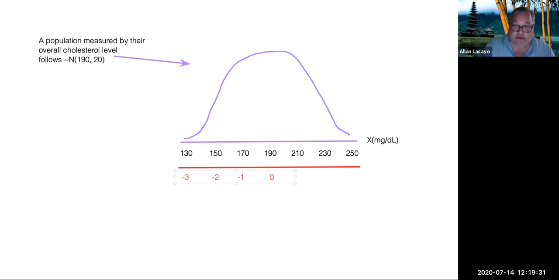This would be the mean. And then 210 represents 1 standard deviation above average, 2 deviations above average, 3 deviations above average. Okay, so people who have a z-score of 3 are people who have really high cholesterol levels. People who have a 130, 150 have super low cholesterol levels.